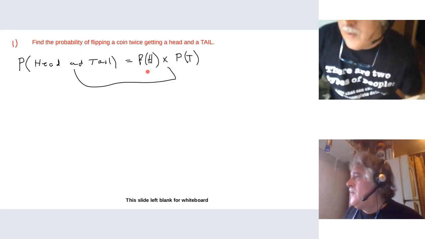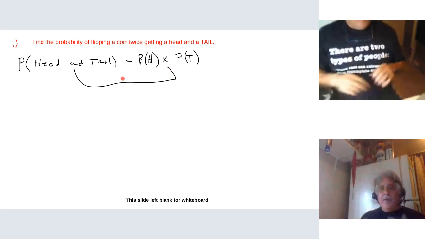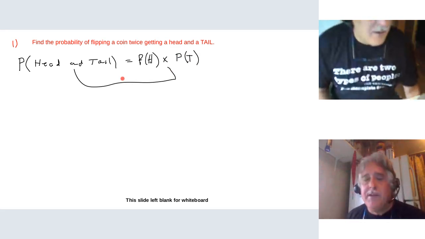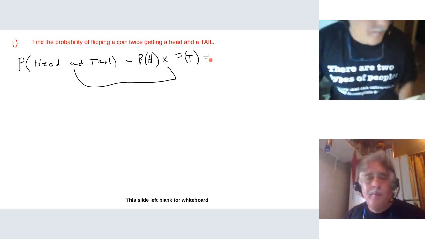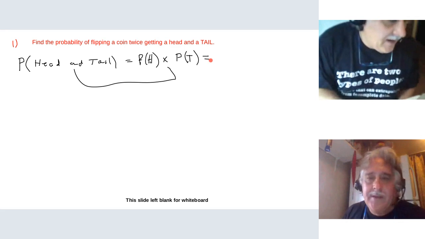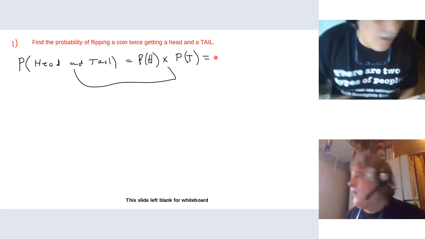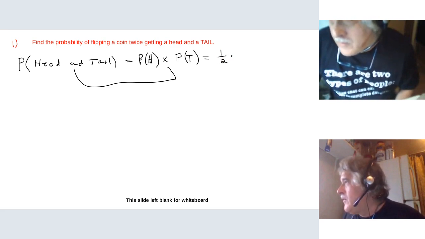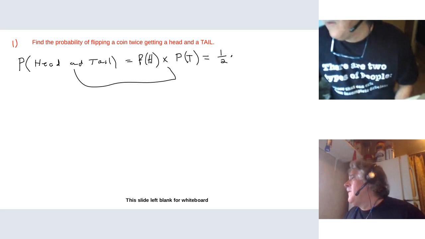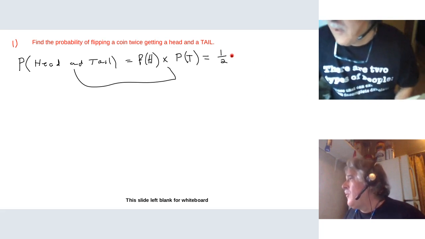All right. So if we just go back to the original basic probability and think about the heads, how many heads are on a coin? Well, there's 1 head and there's 2 sides. All right. And then multiply, because that's what it's called, the multiplication rule.